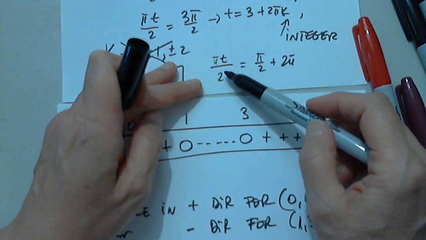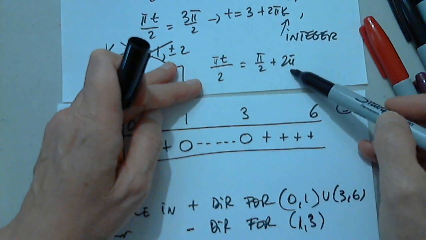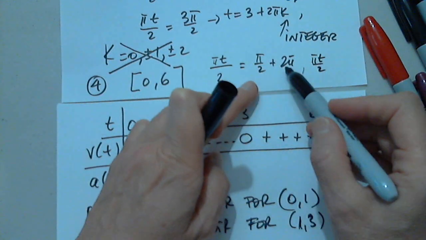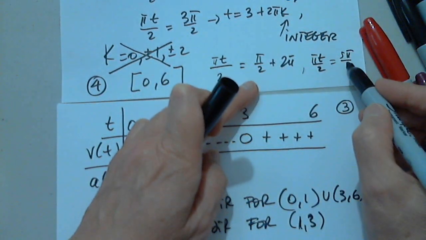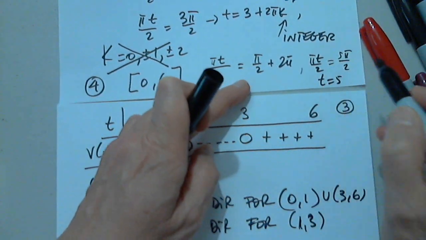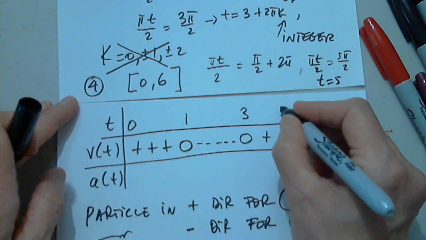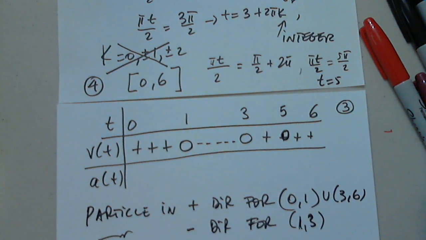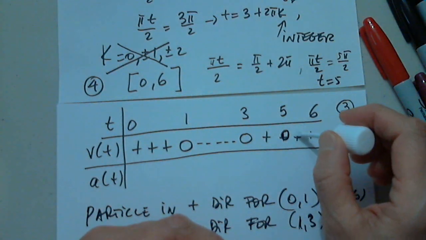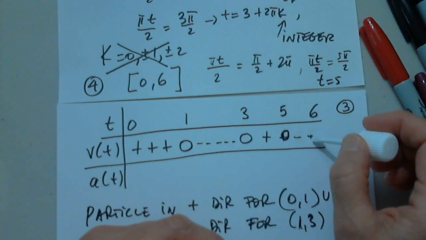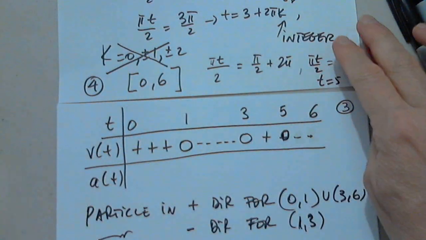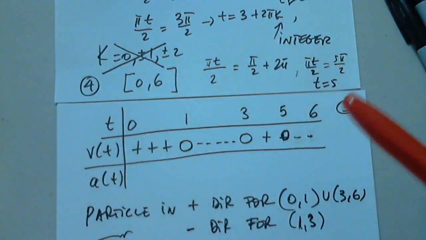So we have pi t over 2, so this is 5 pi over 2. So yes, t equals 5. So there is another 0 here. So it means that this part is negative, and we'll check in a minute with 6. We have to check. Okay, very good. So there are 3 solutions, not just 2.